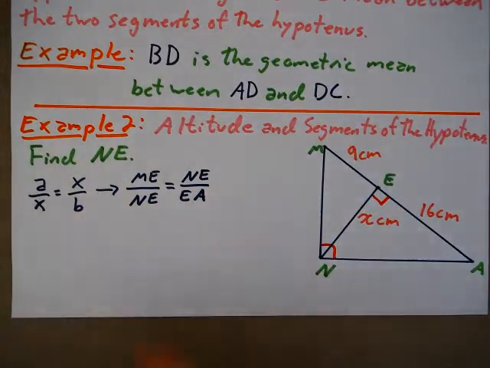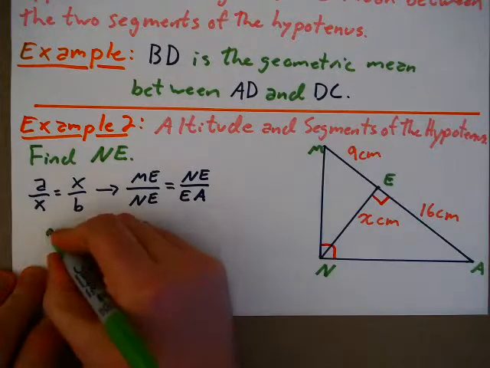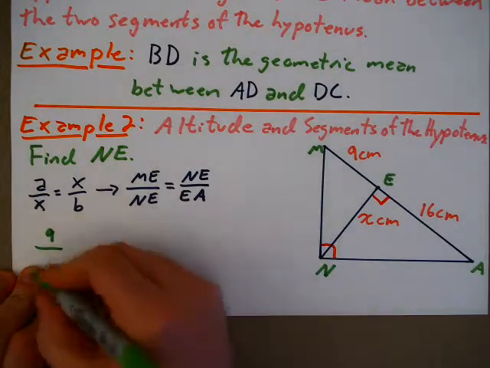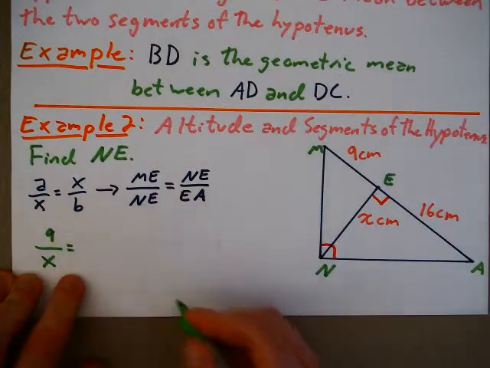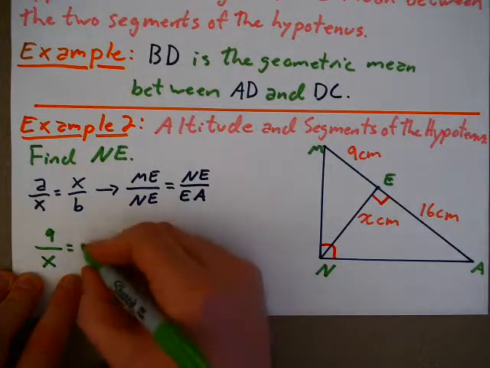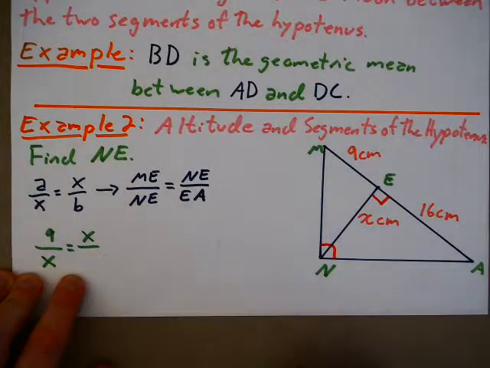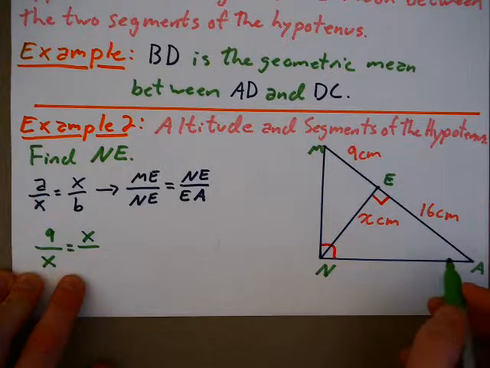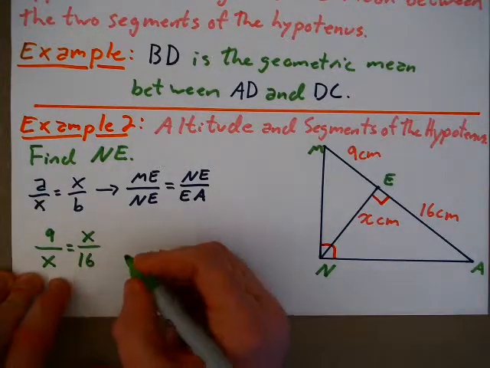So let's put in some values that we know and what we're looking for. So let's see, ME is 9. NE, we're going to call that X. And NE is still X again. And then EA is 16.